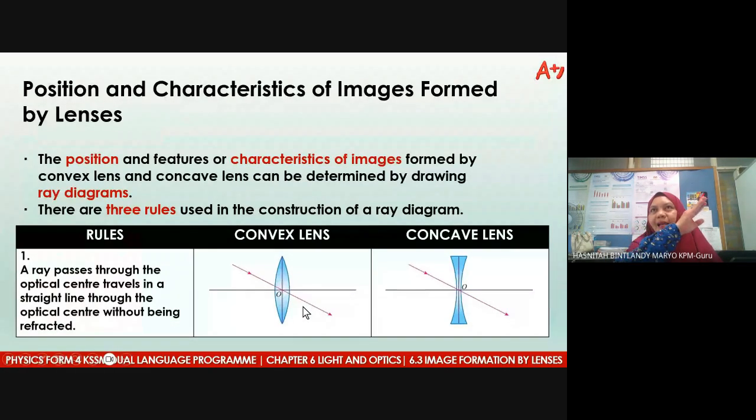Remember, any light ray passing through the optical center will continue to travel in a straight line, which means it is not refracted. So this is the first rule. You can draw a line passing through the optical center and continuing in a straight line. Don't forget the arrow as well. So the first rule, very simple.